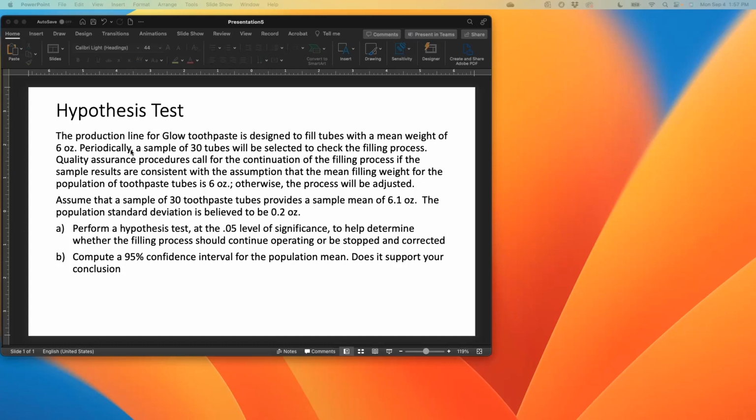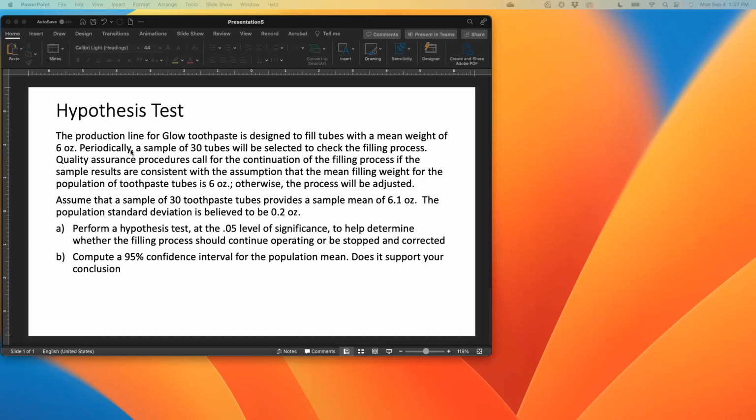I will go ahead with reading the question first and trying to explain some things in the question in order for you all to understand what we're being asked to analyze. So the question says, the production line for Glow toothpaste is designed to fill tubes with a mean weight of 6 ounces.